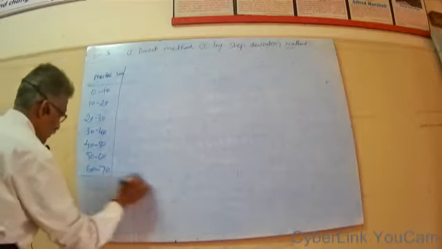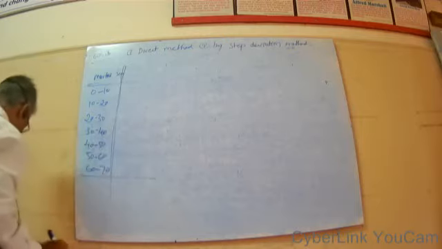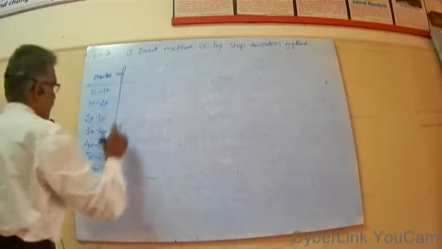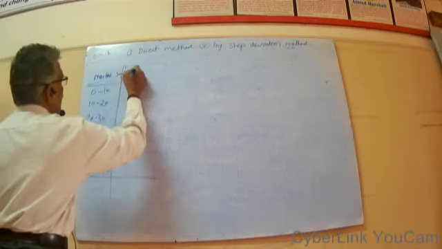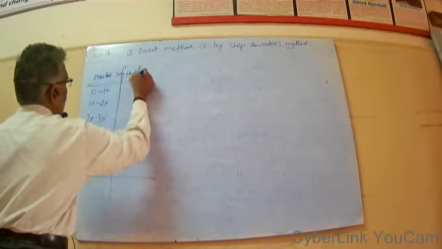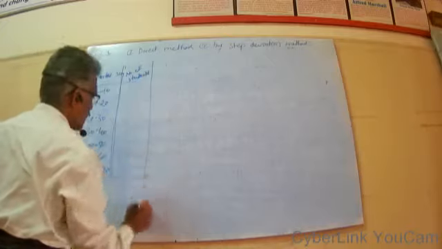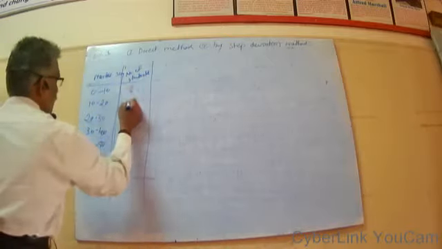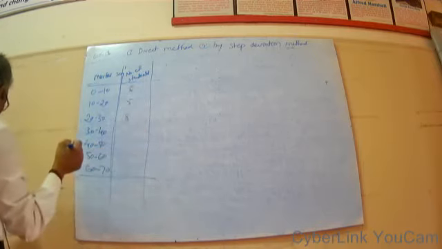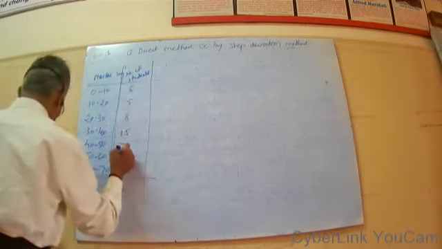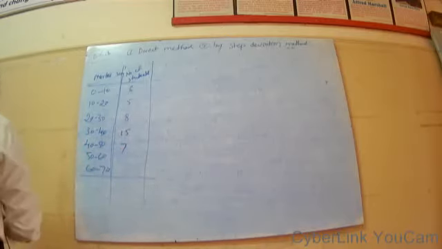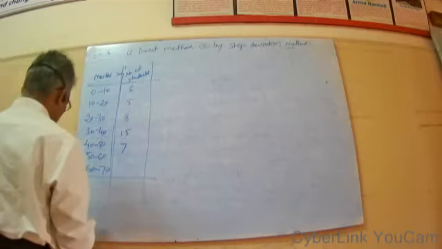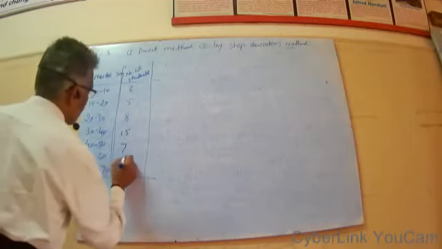So these are classes, and the number of students: 6, 5, 8, 15, 7, 6 and 3.